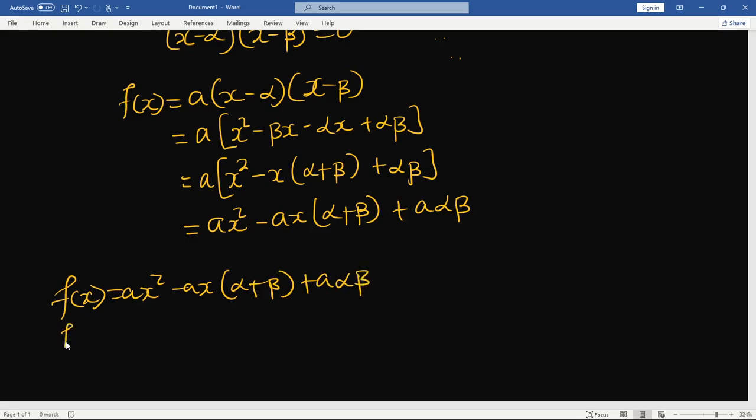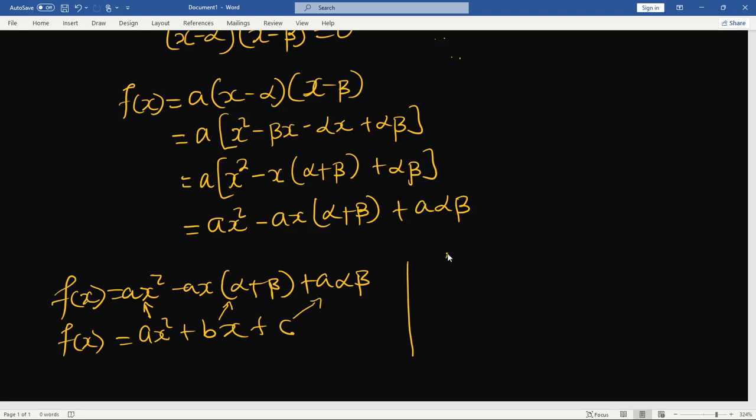Then the same function f(x) in the question was given as ax² + bx + c. From this, you notice that the first two terms are supposed to be equal, and these are supposed to be equal as well.